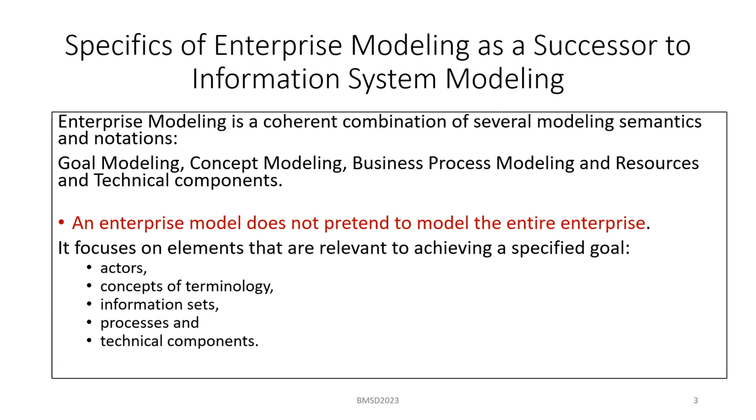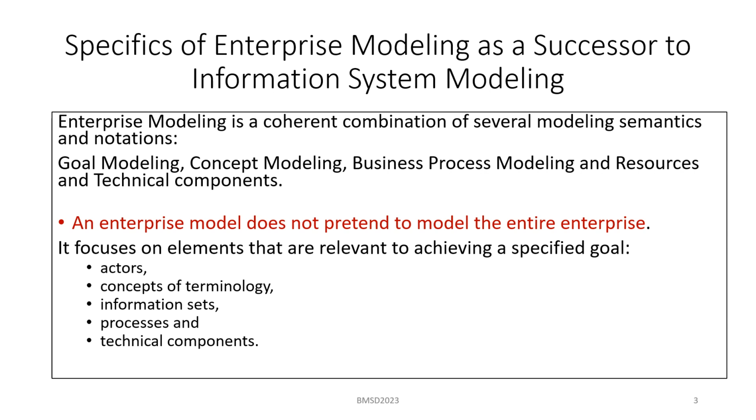Enterprise modeling is a coherent combination of several modeling semantics and notations, such as goal modeling, concept modeling, business process modeling, and resource and technical components. Enterprise modeling is a successor of information system modeling, extending it with goal modeling, resources, and processes outside information systems.